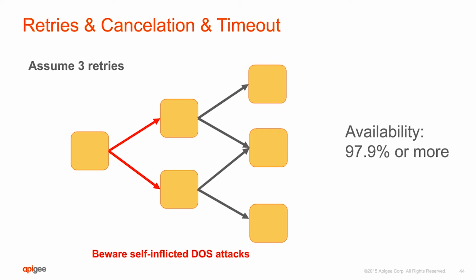Well, if you simply add retry logic in your application, then the probability of a failed call reduces by 3 times. So your end availability bumps from 94% all the way to close to 98%, just by having retry logic.